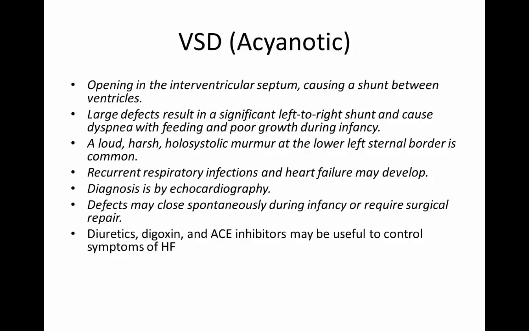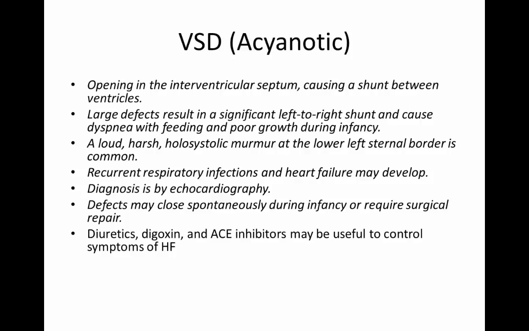Auscultatory findings: if it's small, it typically produces murmurs ranging from 1 to 2 over 6, high-pitched, short systolic murmurs. And if it's large, it would be a 3 to 4 over 6 harsh systolic murmur.